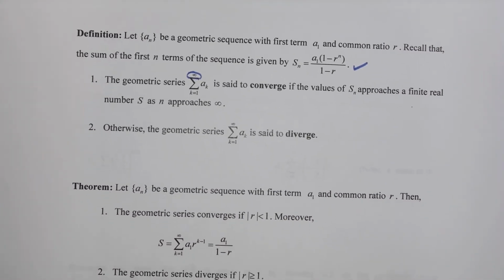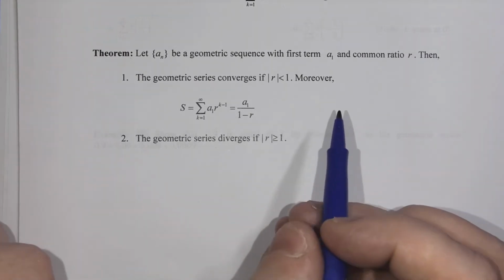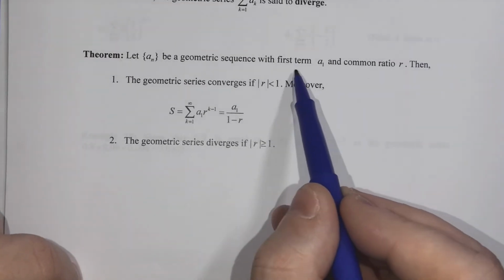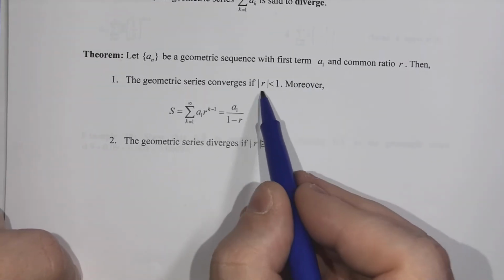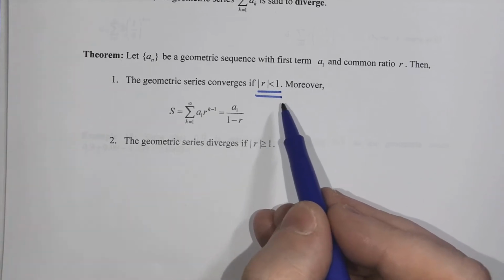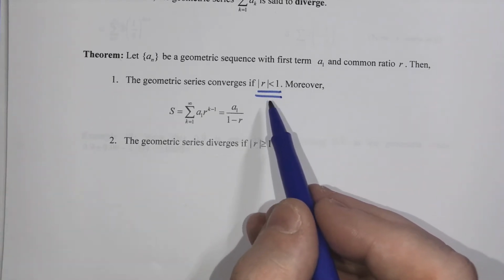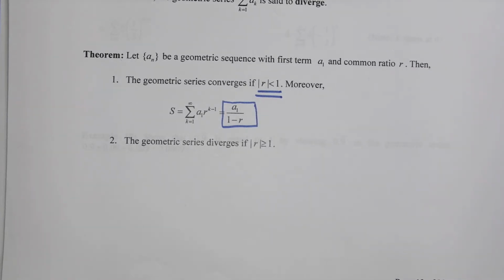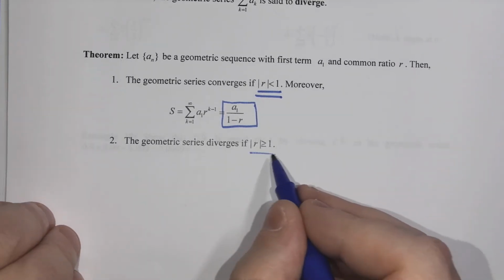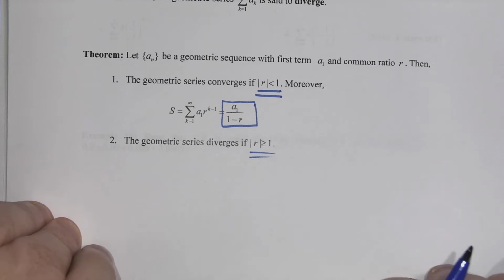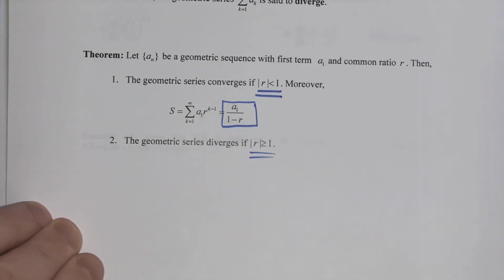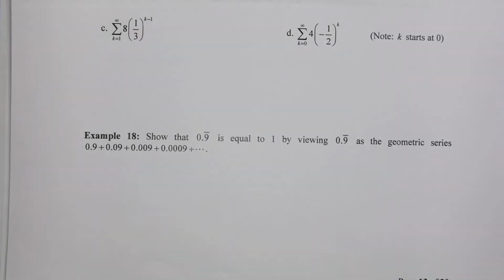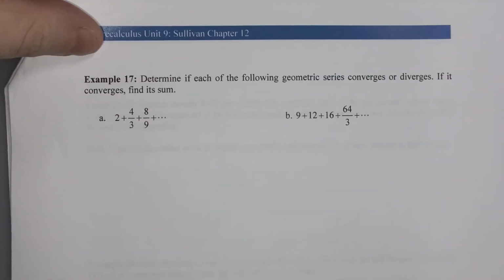So the interesting conclusion is that if you have a geometric sequence in which the magnitude of your ratio is less than 1, then you'll converge to a1 over 1 minus r. And if the size is bigger than or equal to 1, that just means you keep growing and growing, or you keep on adding more and more. That simply means you're going to diverge. So that leads us to these problems now.